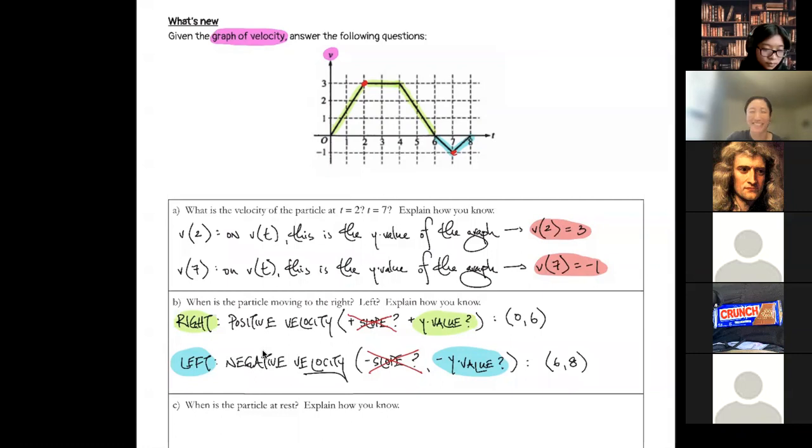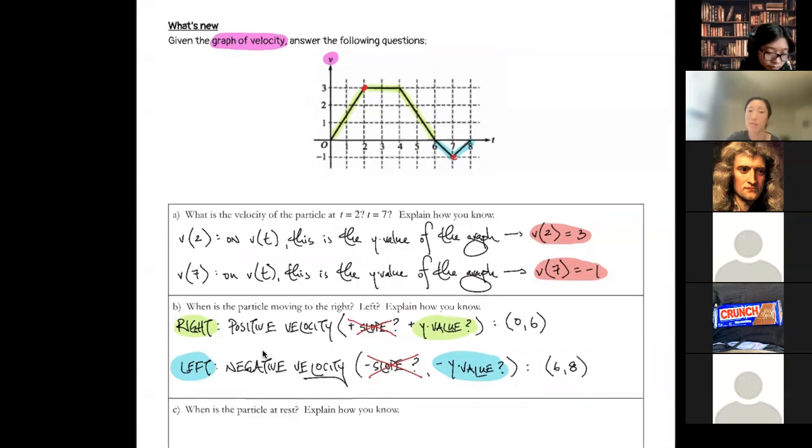So for the graph before this one, we were looking for positive velocity and negative velocity because it was the slope, right? In both cases, we're looking for positive velocity. Like right still means positive velocity.